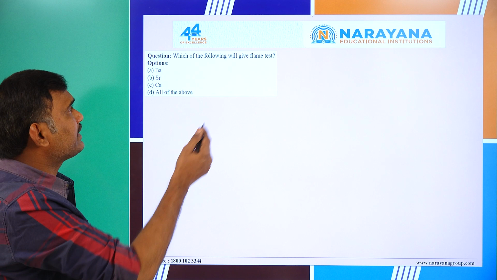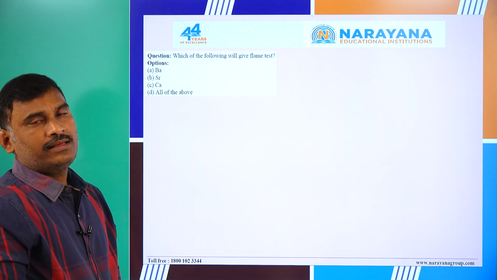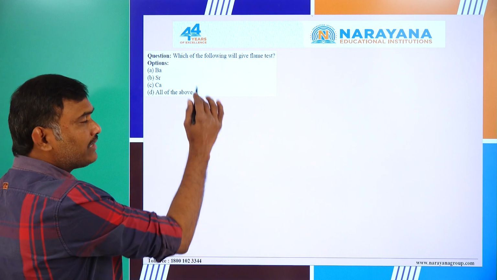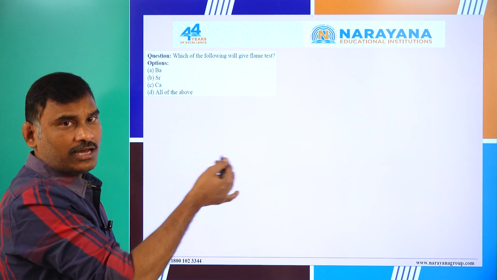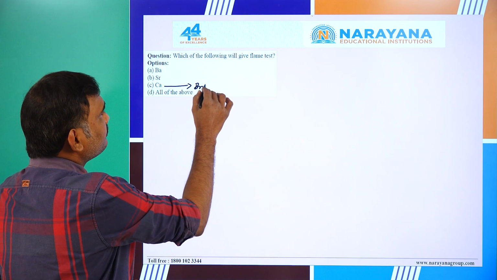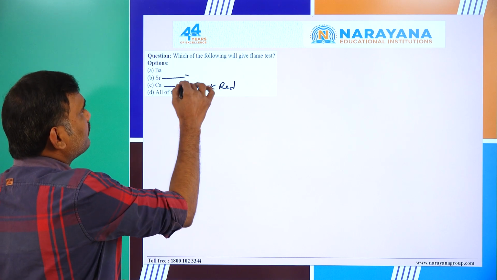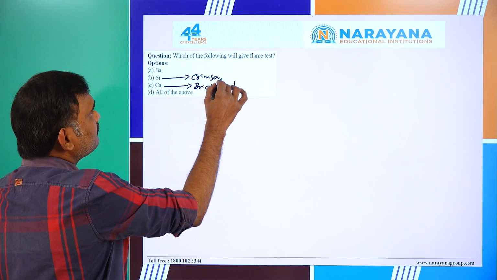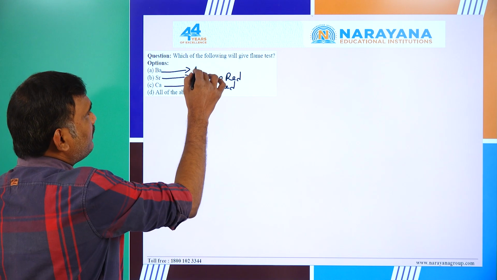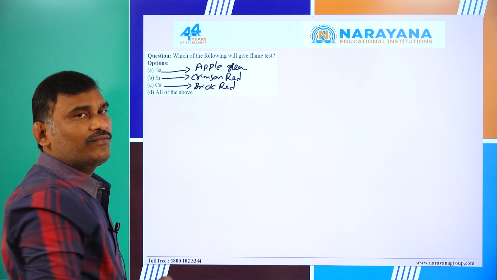Which of the following will give a flame test? Students, they are the second A group elements. From top to bottom, except beryllium, calcium gives brick red color, strontium gives crimson red color, and barium gives apple green color in the flame test.